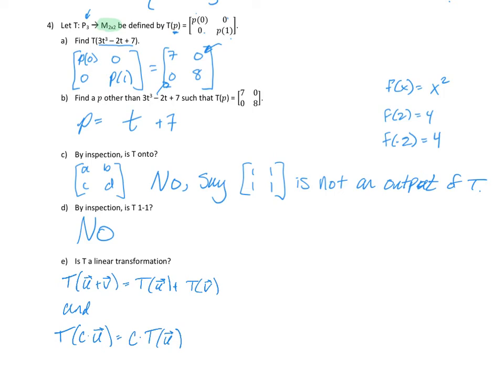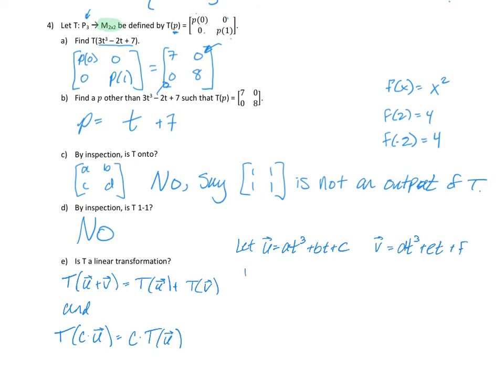Okay, so let U be an element from P3, a t cubed plus b t plus c. And V will be another element, d t cubed plus e t plus f.